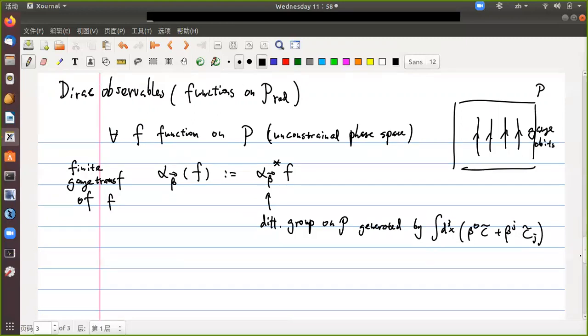Then we can construct a Dirac observable, I call it F, tau, and sigma. So how to define this?